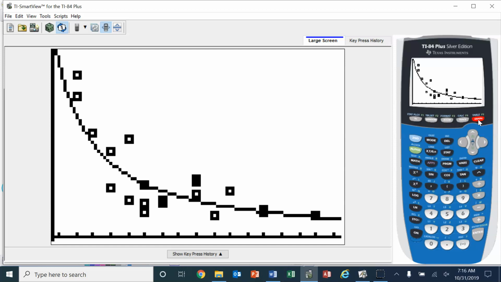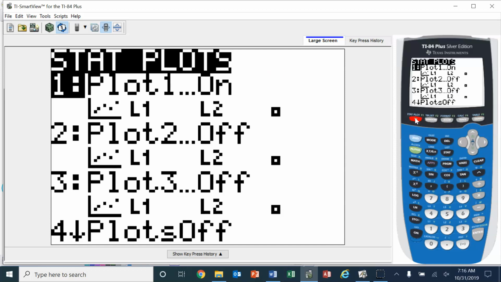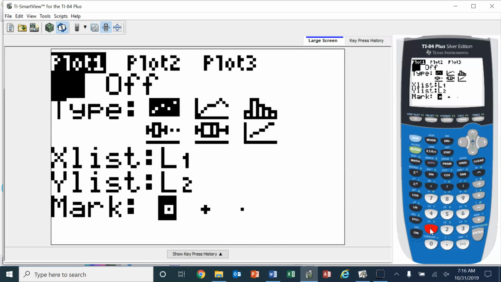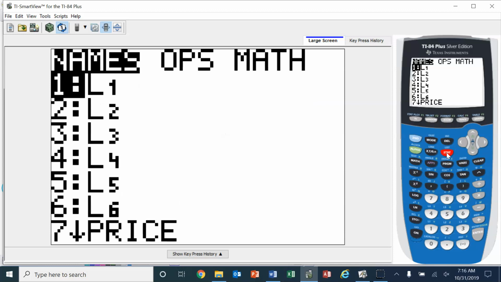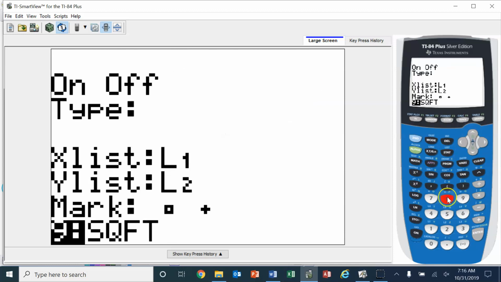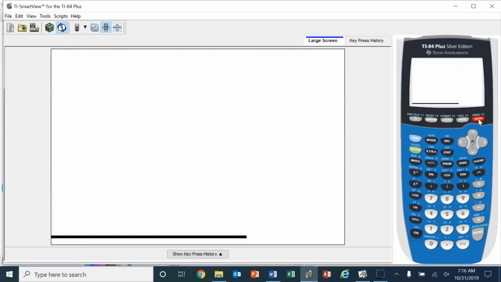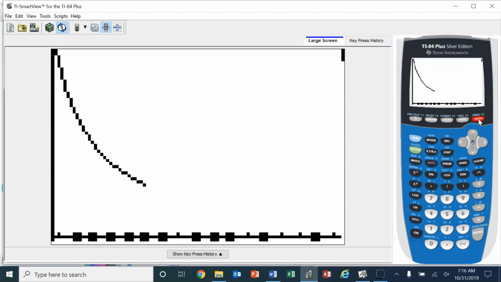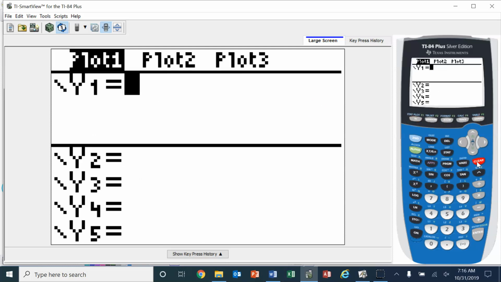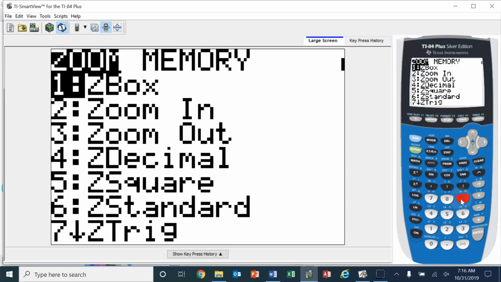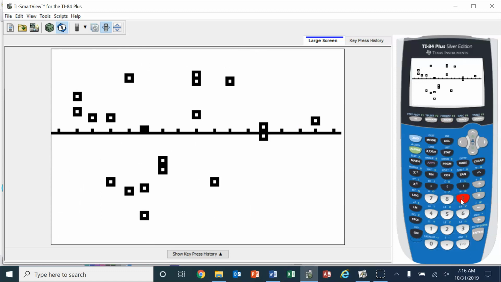Let's look at the residual plot. So again, we're going to go back here and we're going to dump the residuals in the Y list. Nope, I didn't do zoom 9 and I have to erase my equation. Let me get rid of that. And let's do zoom 9. Well, that's not too bad either.